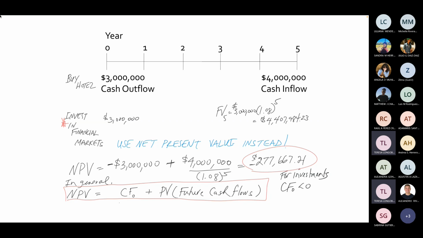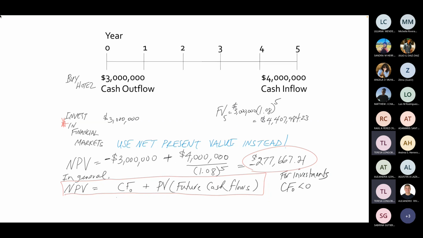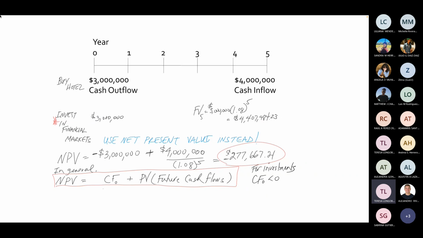So the rule is that when NPV is greater than 0, you only invest if NPV is greater than 0.